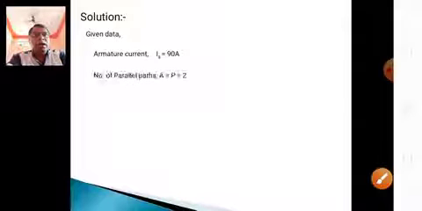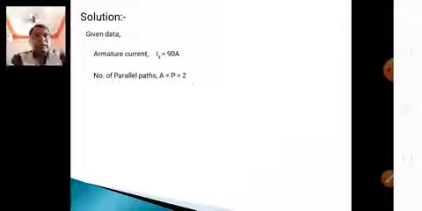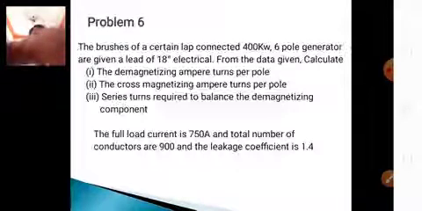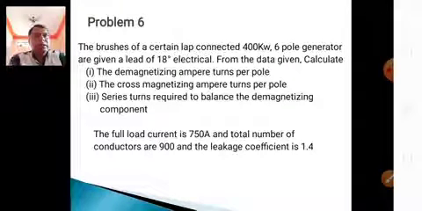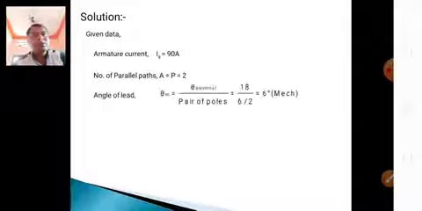So given data is IA equal to 750 amps, and the number of parallel paths equal to 6. The angle of lead theta is given in electrical degrees, 18 degrees electrical, but in the formula theta m means mechanical degrees, so we have to convert electrical degrees into mechanical degrees. So theta m equals theta electrical by pair of poles. Theta electrical is 18 by the pair of poles, that is 6 by 2, which gives mechanical degrees.